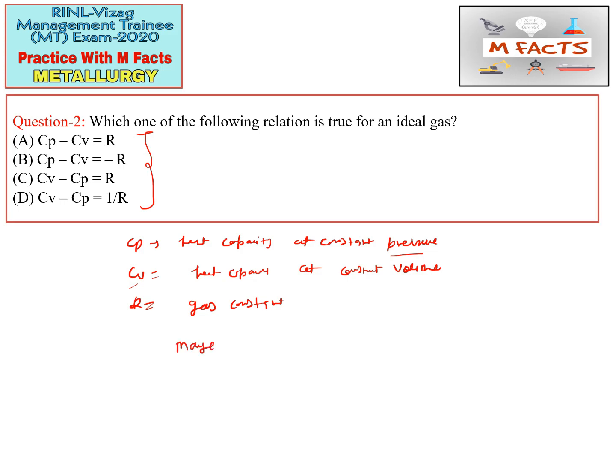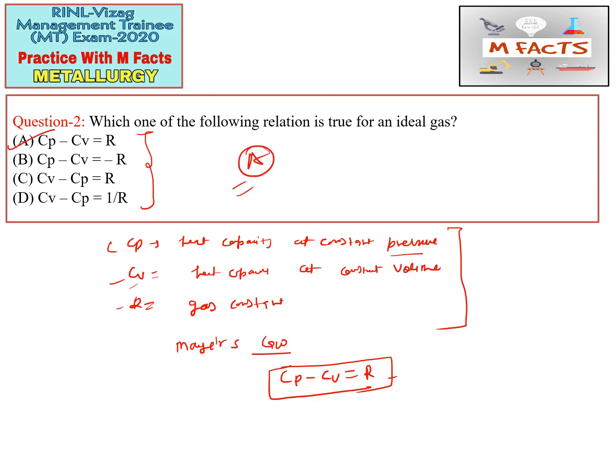Mayer's law relates Cp, Cv and R: Cp minus Cv is equal to R. This is Mayer's formula. So Cp minus Cv is equal to R is the correct answer for this question, so A is correct.